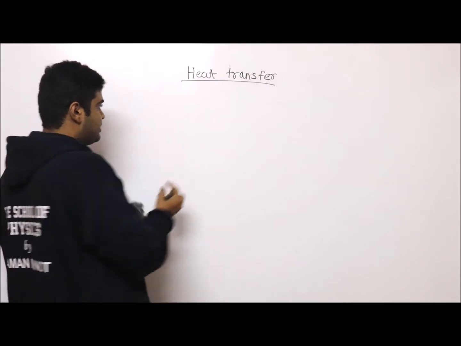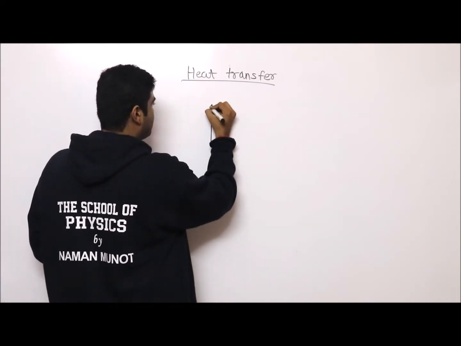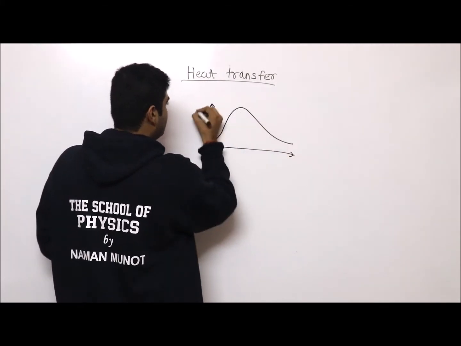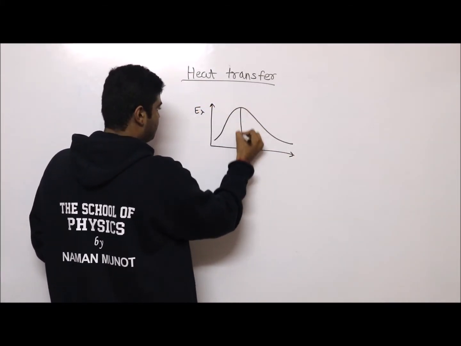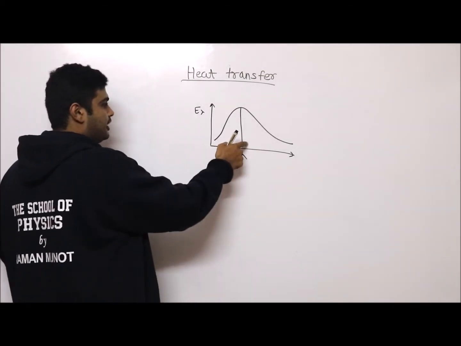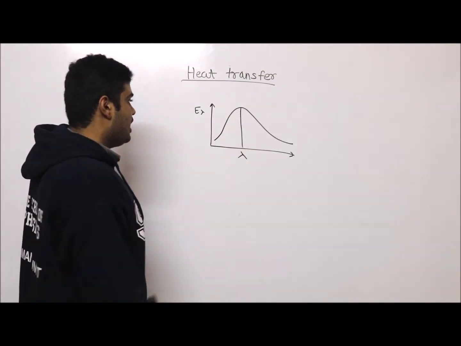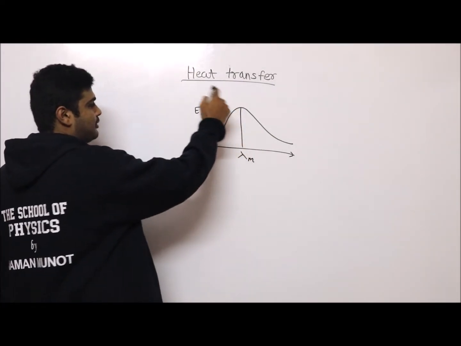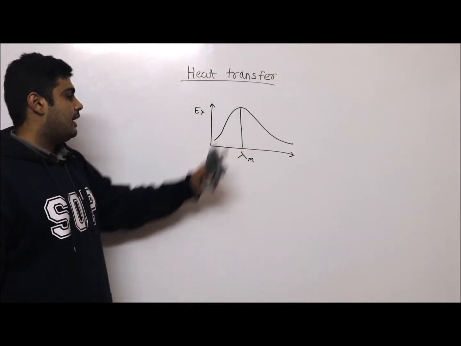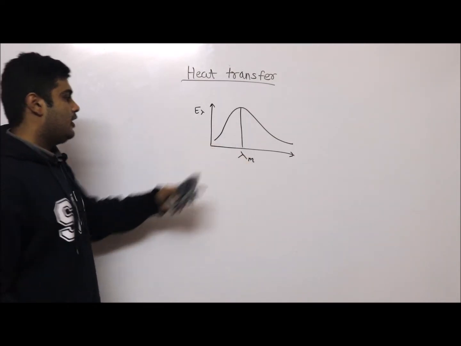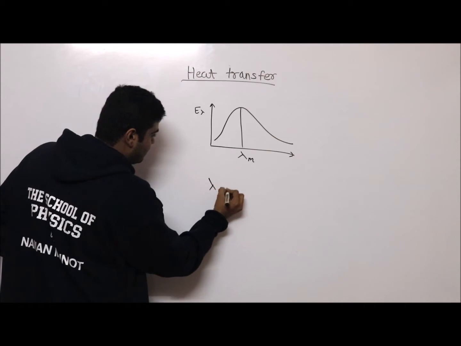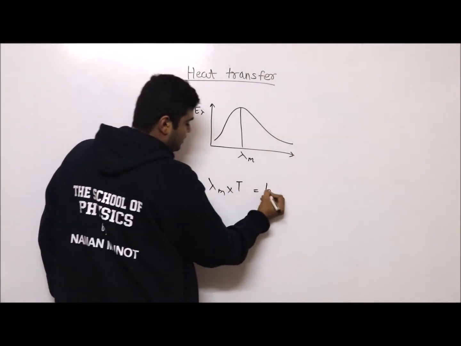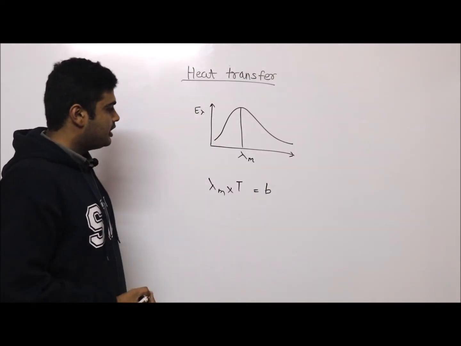Wien's displacement law says that when the energy is radiated, the wavelength corresponding to the maximum energy radiated at a given absolute temperature, say this is lambda m, so the maximum radiated energy is at this position of lambda m. So lambda m into the absolute temperature is equal to B, where B is Wien's displacement constant.